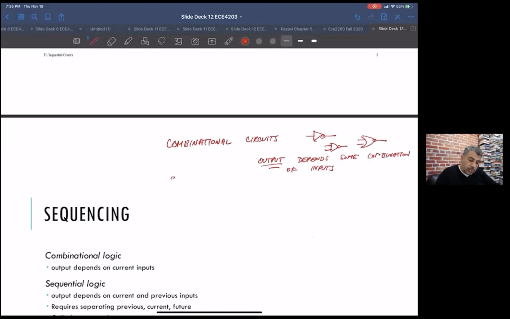Now, sequential circuits are circuits whose output, or their state, is dependent on input and a previous state.